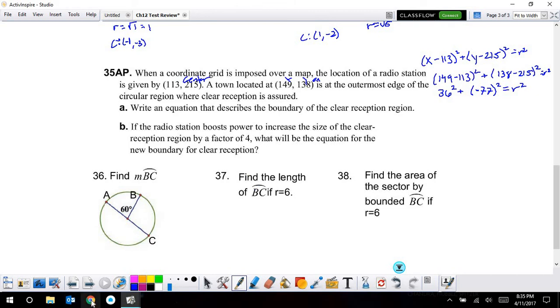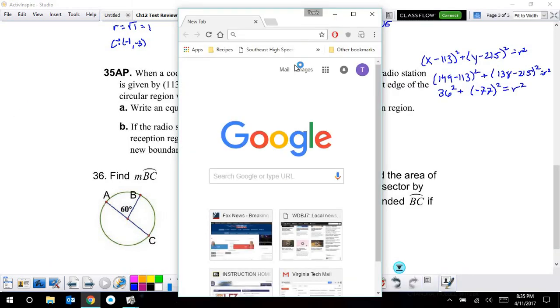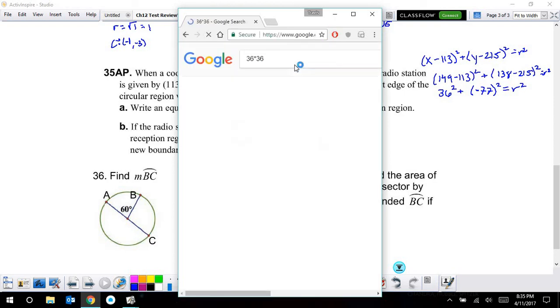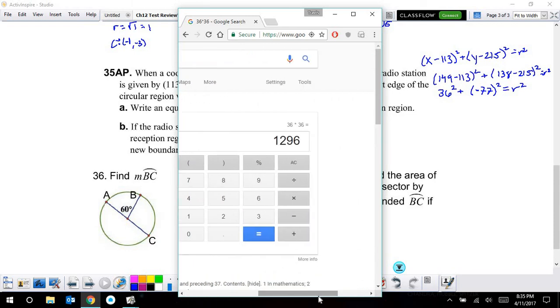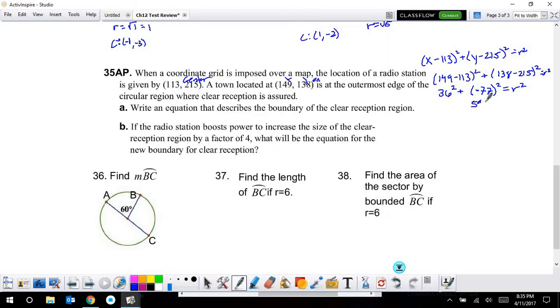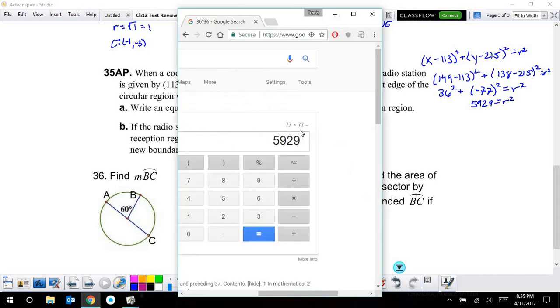So I'm going to do a little cheating here. 36 squared is going to be 1296, and 77 squared is going to be 5,929. I forgot what 36 squared was.